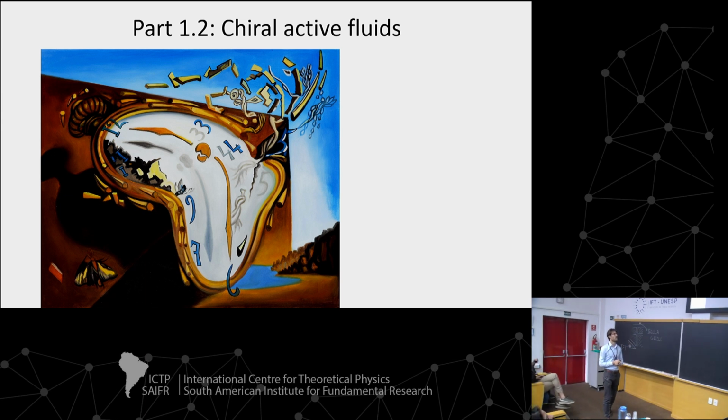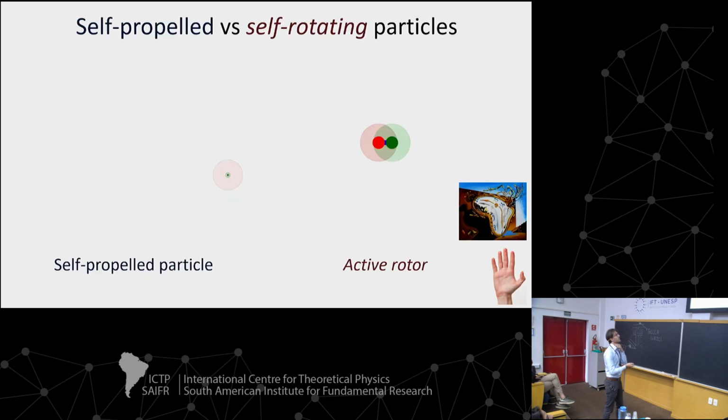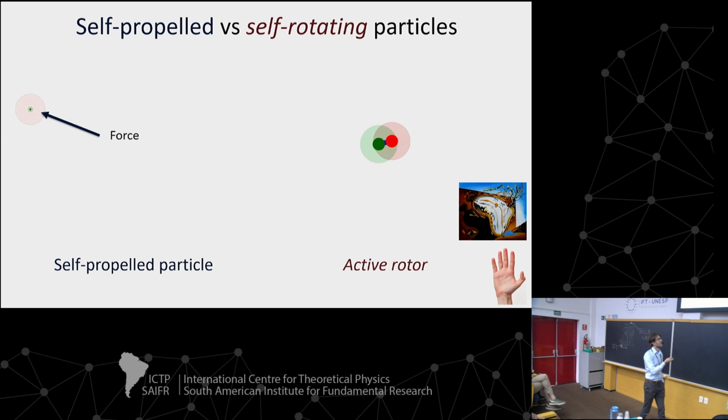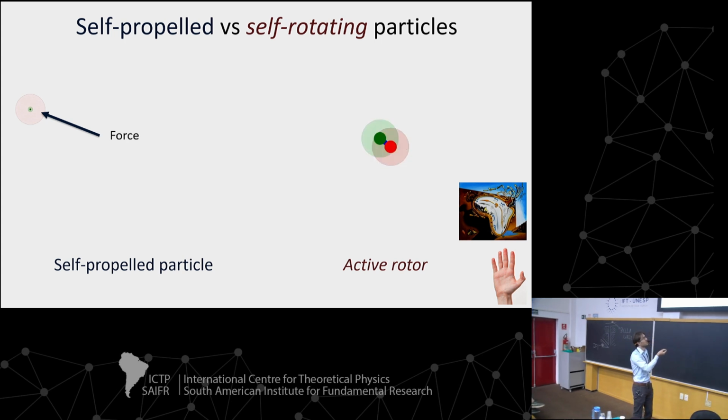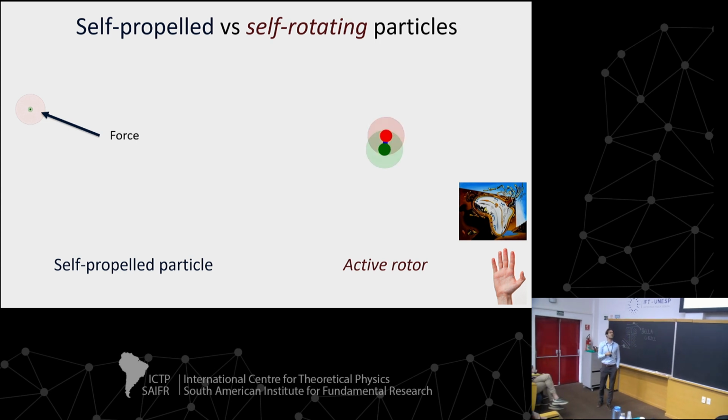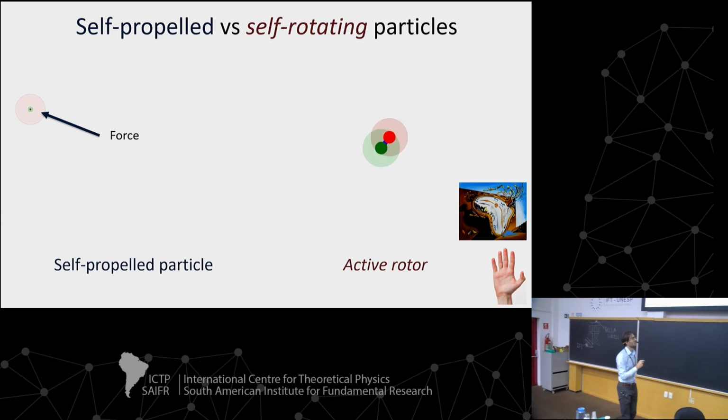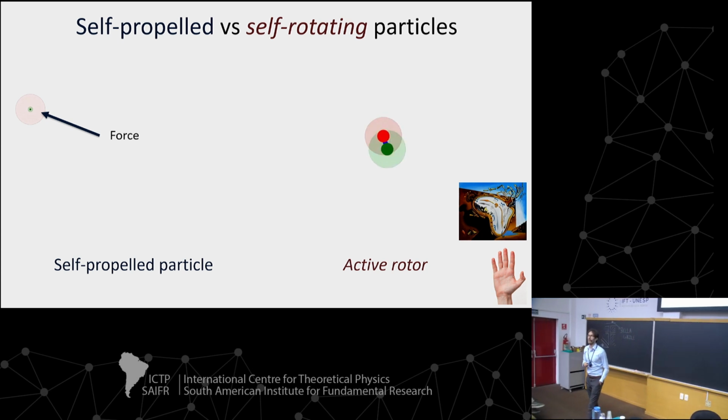that leads to interesting properties in their hydrodynamics. To remind you, we talked about things like self-propelled particle models last time, but what chiral active fluids have are chiral particles that are also active. The simplest version that has both chirality and broken time reversal symmetry is a rotating particle, or an active rotor.